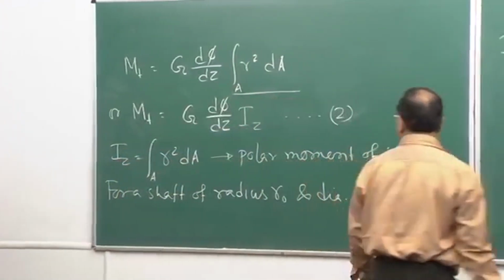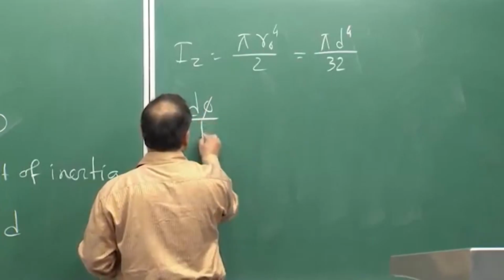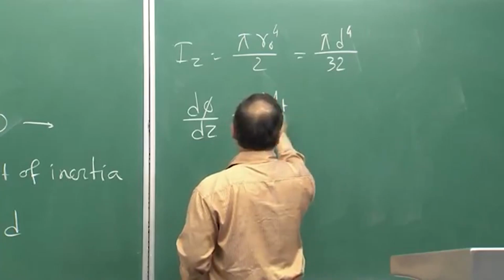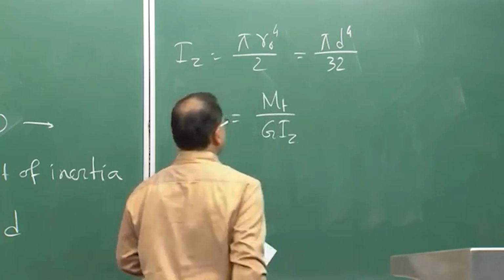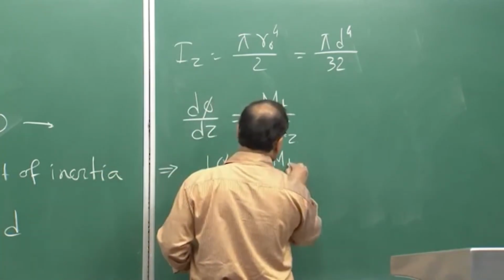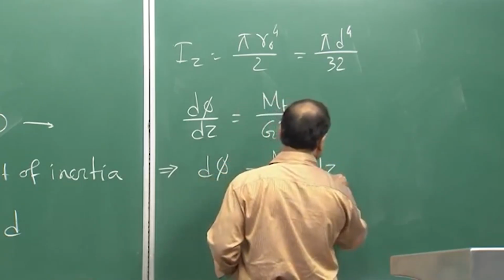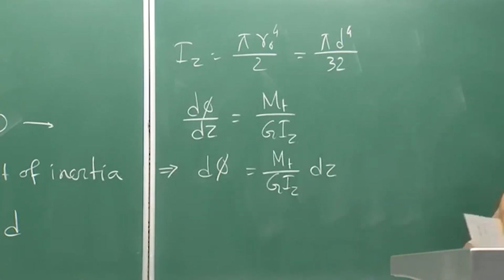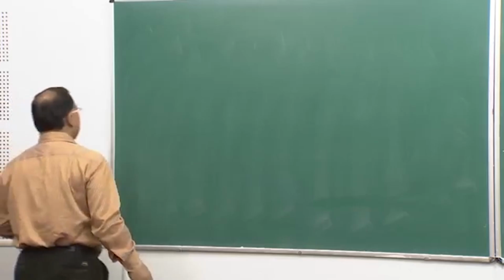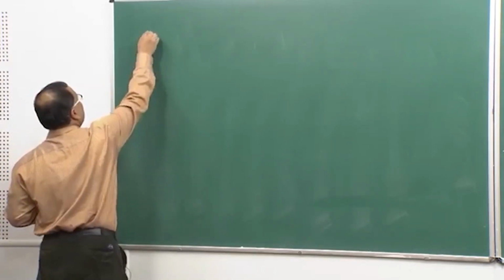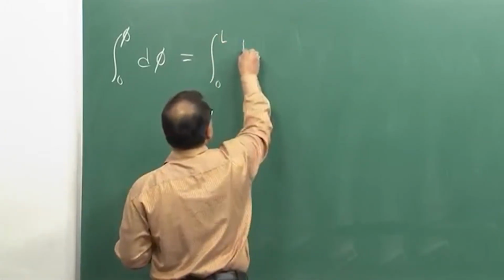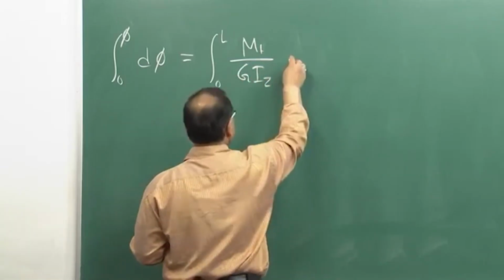Now, from equation 2 I can simply write d phi dz is equal to mt by G I z, which can be further written as d phi is equal to mt by G I z dz, which can be integrated over these limits, 0 to phi d phi equal to 0 to L mt by G I z dz.